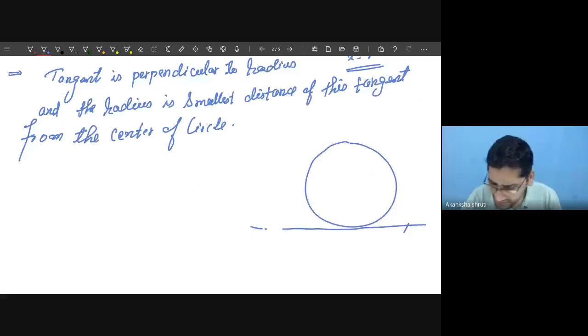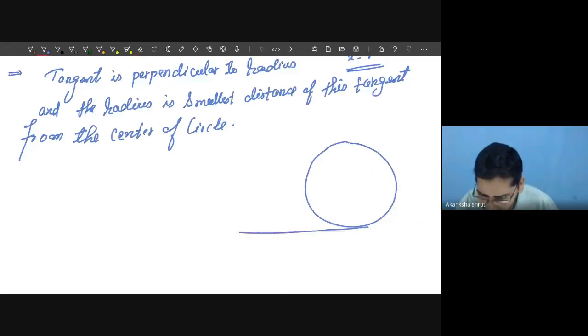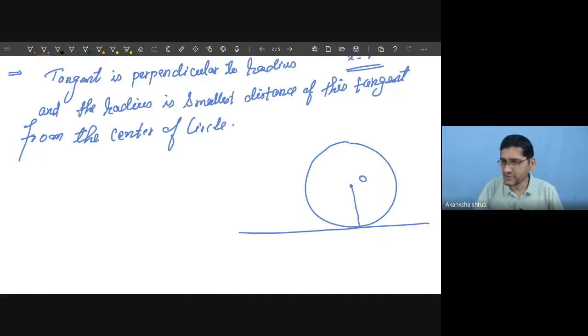So take a tangent. It is just touching this circle. Consider the center at O. The tangent point is M. Students, I hope you are getting the line XY.